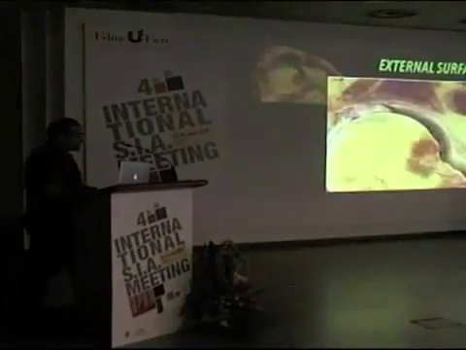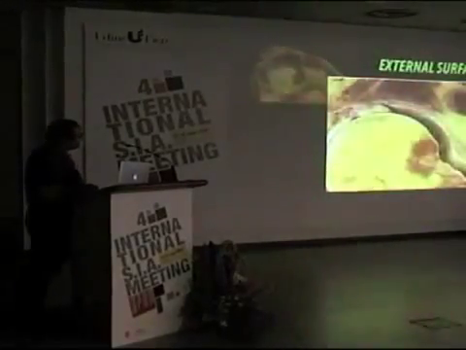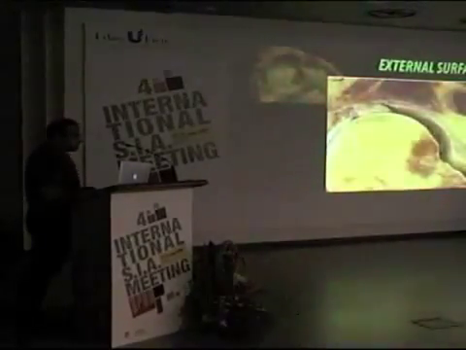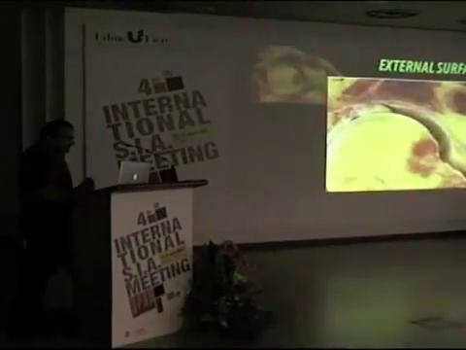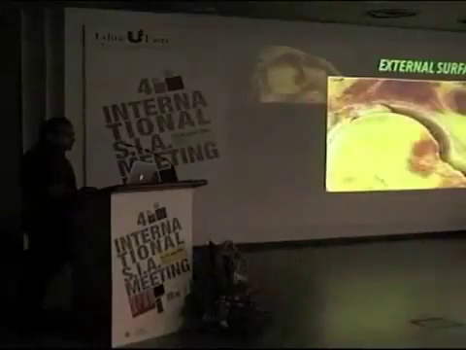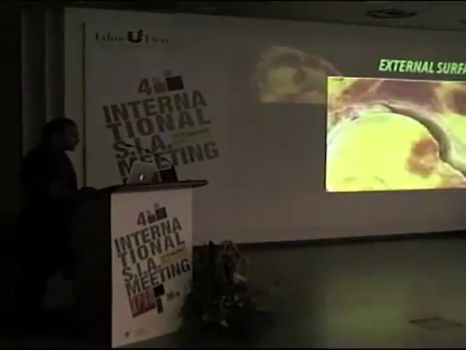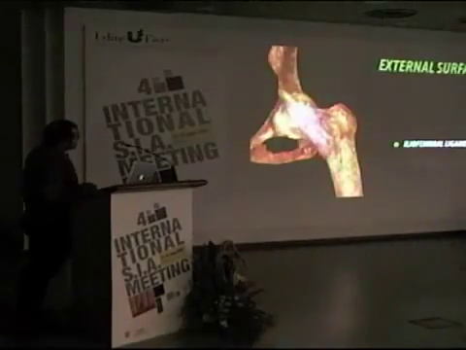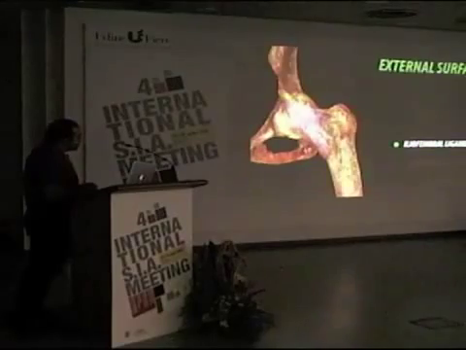It has three surfaces: an external surface contacting the joint capsule. This face allows insertion of the coxofemoral joint ligaments, the iliofemoral ligament and the pubofemoral ligament. This is the iliofemoral ligament, a representation over the picture.